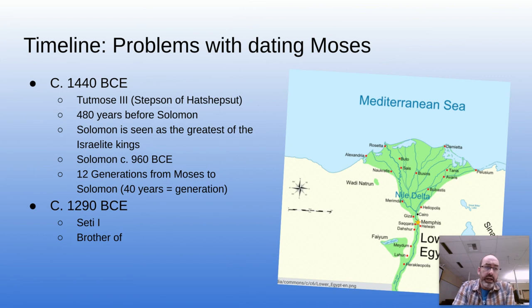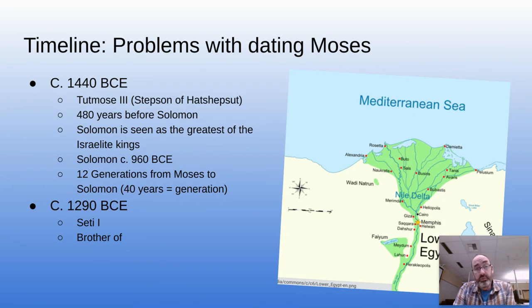Now, another problem with dating Moses is trying to find out where he may have been located in Egypt. Now, one date that is referred to in the Bible is 1440 BCE. And we get this date because in one of the books of the Bible, it says it happened 480 years before Solomon's reign.